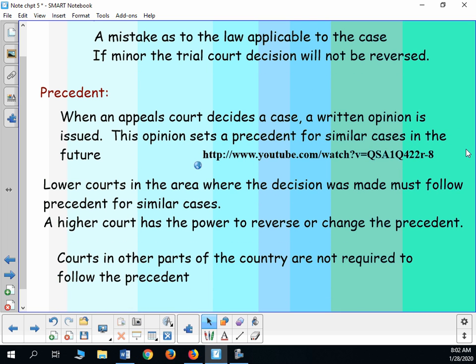This is a way to keep the application of the law equal or similar. Okay, it's being consistent. Courts in other parts of the country are not required to follow precedent, but they can and often do.